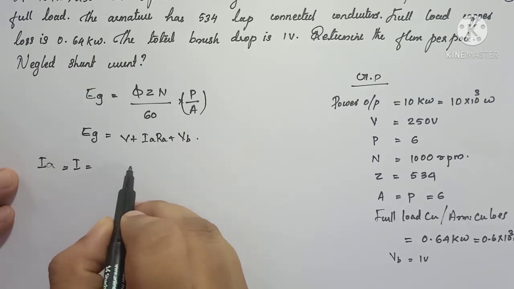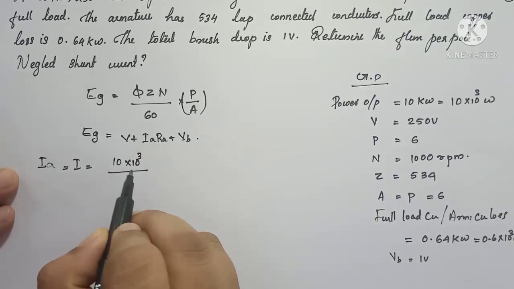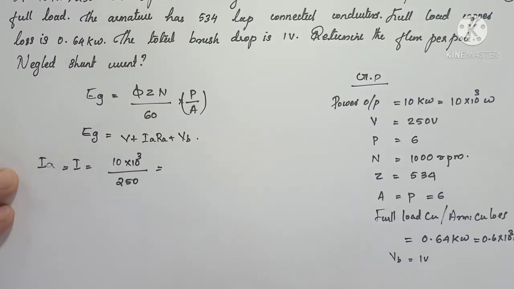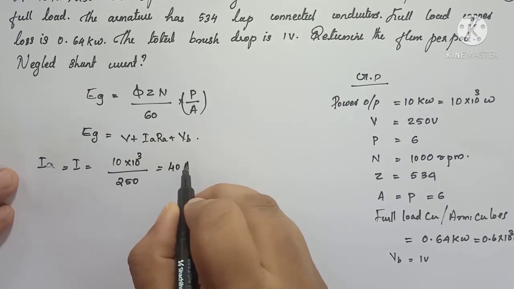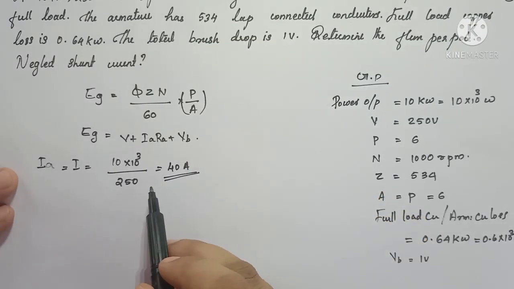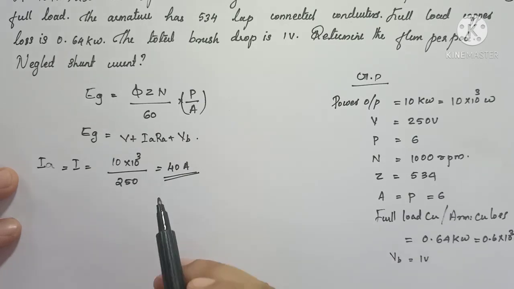So power is 10 kW, that is 10 into 10 raised to 3 divided by terminal voltage 250. We can calculate this value and we will get the value as 40 ampere. This is the armature current for this question.